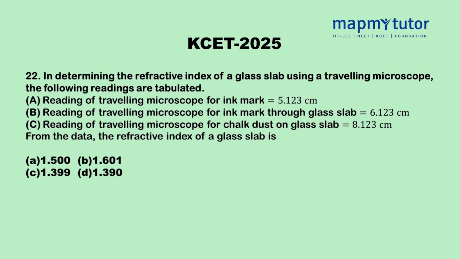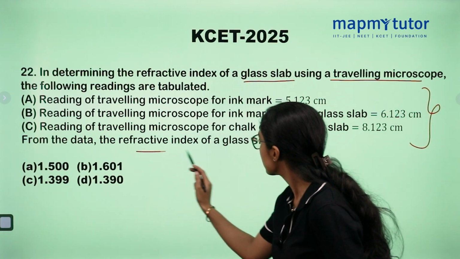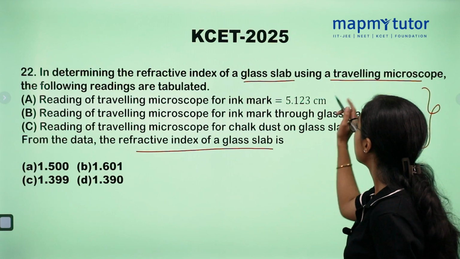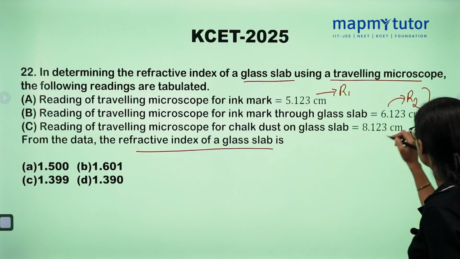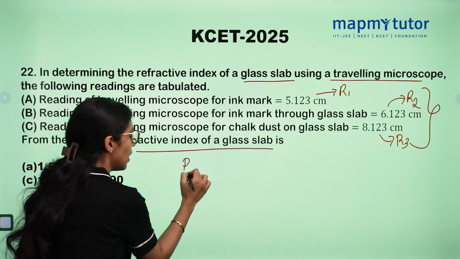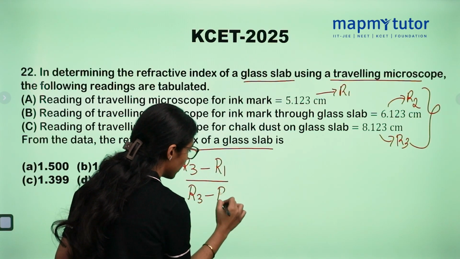In determining the refractive index of glass slab using the traveling microscope, the readings are tabulated. So here are your readings. You should tell the refractive index of the glass slab. Very simple, direct formula based. Let us consider this as R1, this as R2, this as R3. We know the formula R3 minus R1 divided by R3 minus R2.